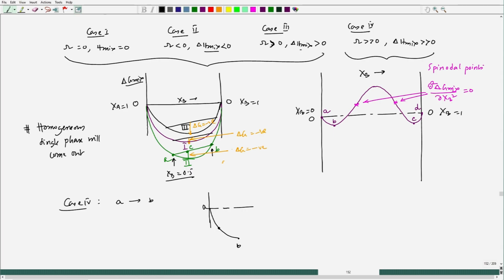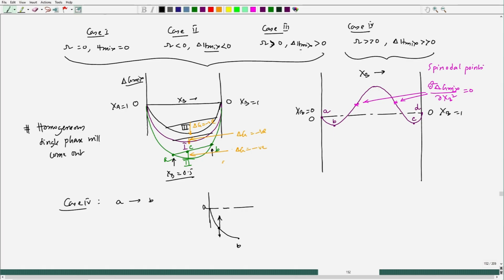Now, this plot actually indicates, when a homogeneous solution forms, what will be the change in free energy as we change the composition. Now, here, let us say two ways we can go, either we can go upward or we can go downward, fine.